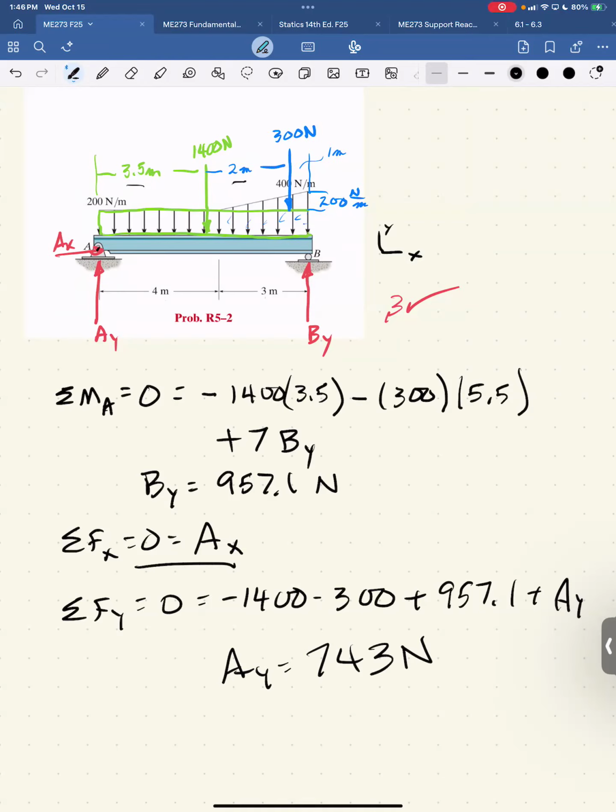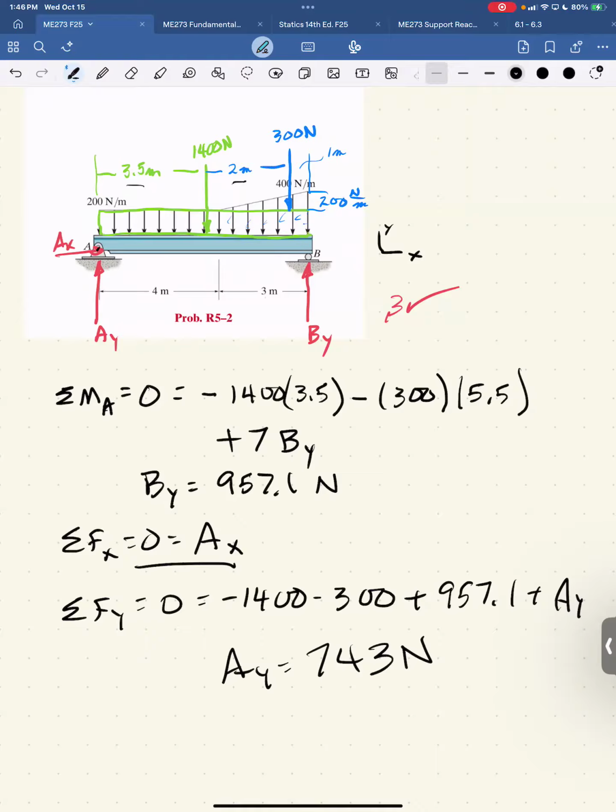So I think for the moment, for the triangle, it could be at 6 meters, since it's like 4 meters, then 2 over 3. You're totally right. I made a mistake. Thank you. This is 6. Good catch.